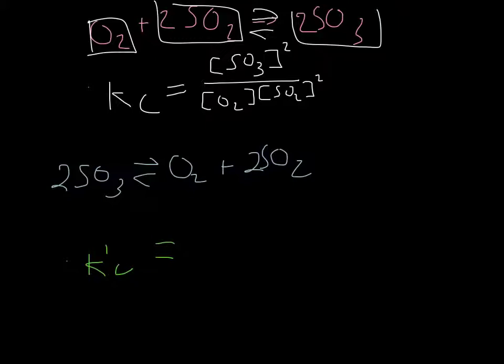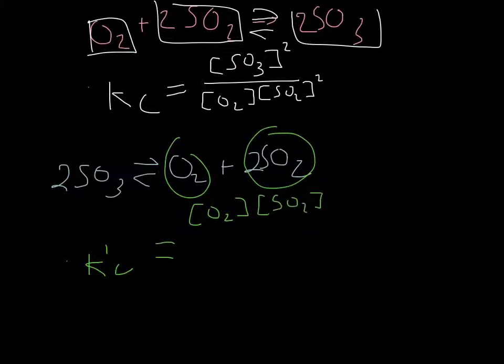So what are our products now? Oxygen and SO2. So it's going to be the concentration of oxygen times the concentration of sulfur dioxide to the second power over the concentration of SO3 squared. So there you go. And as you can see, K prime is the reciprocal of Kc.